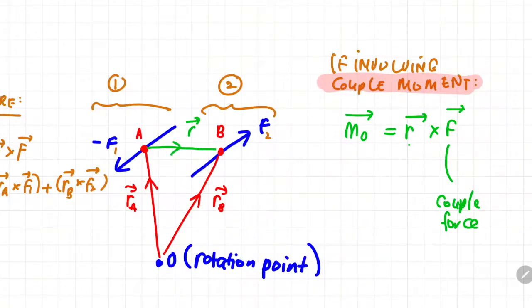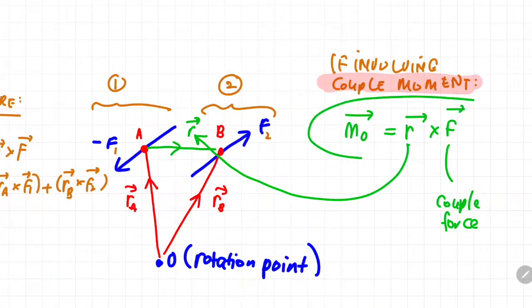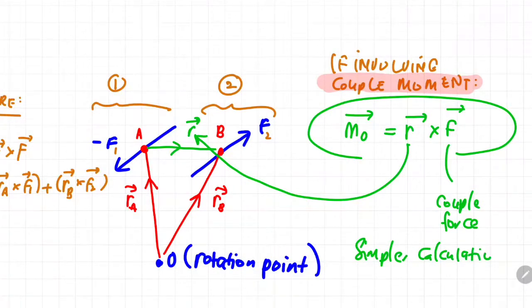Okay, like this as shown. So instead of using two position vectors and two force vectors, you can actually simplify the calculation of moment vector just by using this equation. So in conclusion, by using a couple moment kind of formula, your calculation becomes so much simpler.